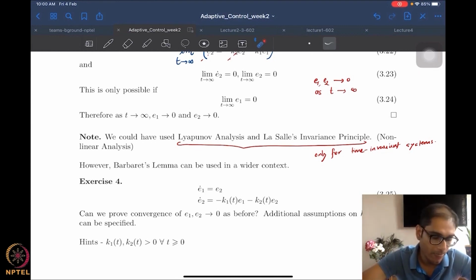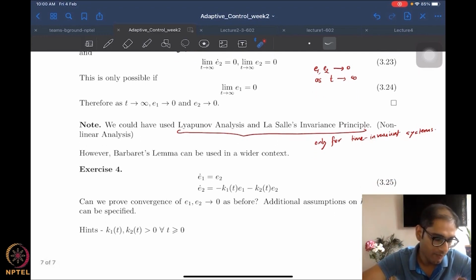In general, the LaSalle invariance principle, which again we are yet to cover, works only for time invariant systems. So if I have something like this where my gains, instead of being constant gains, are time varying gains, again something that's not uncommon in adaptive control, then only Barbalat's lemma can be applied. These cannot be applied anymore.